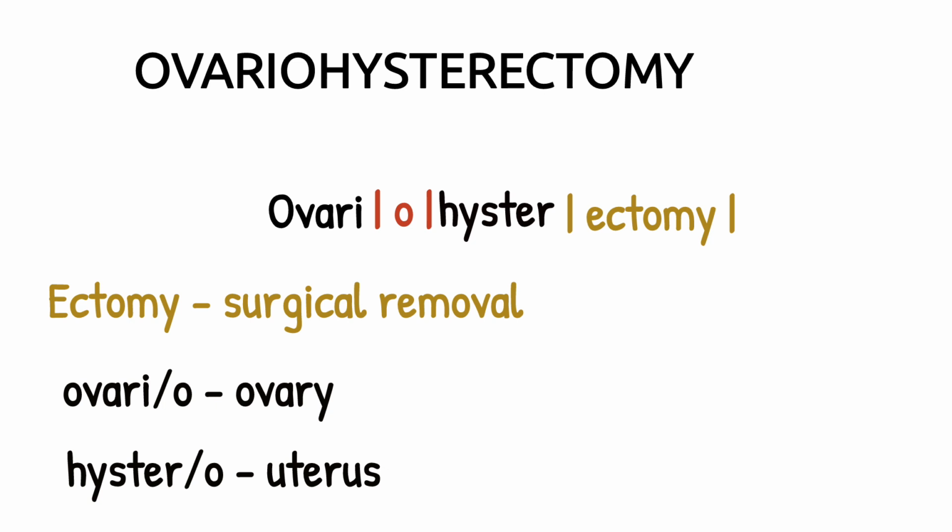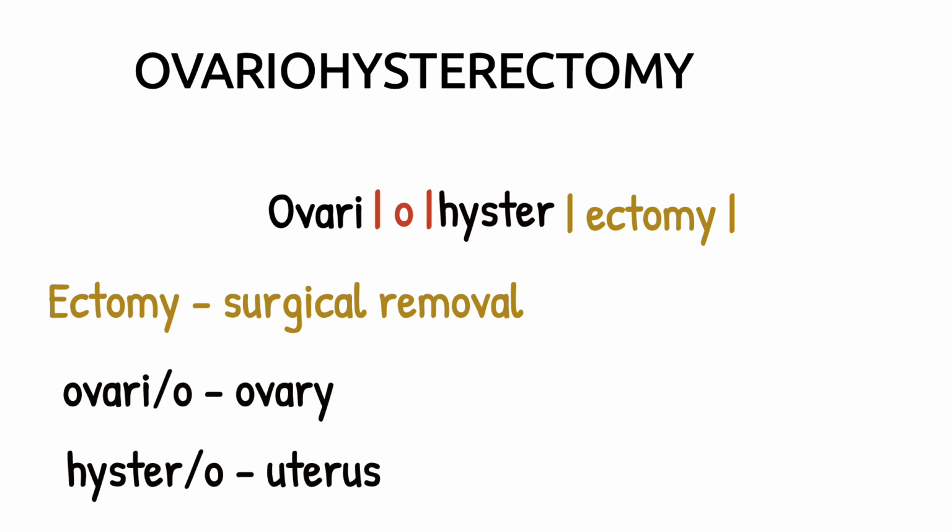The last guideline says know the anatomical order. Where body systems are involved, the words are usually built in the order in which the organs occur in the body. So here, body systems are involved. That means for ovary to appear first, you will see the ovary first before the uterus.